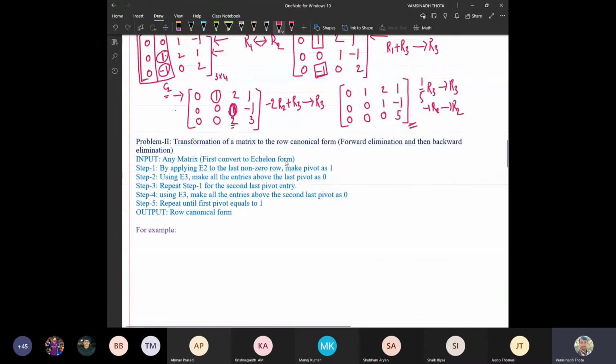As I said, row canonical form means first it should be in the echelon form, and hence if the problem is given to you asking you to transform the given matrix to the row canonical form, first you have to do the previous procedure. Previous procedure means first convert the given matrix to echelon form.